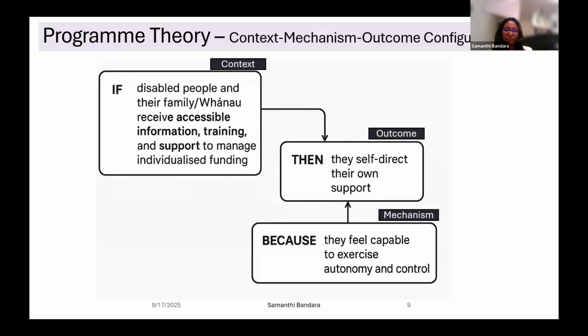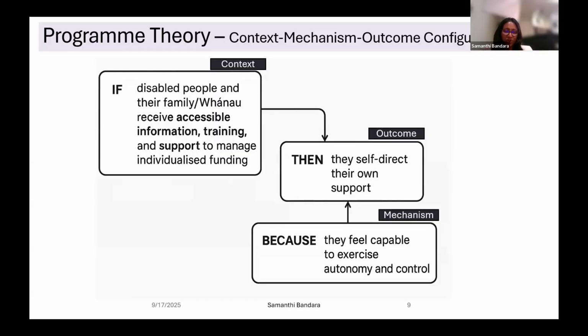A program doesn't work universally. It works because certain mechanisms are triggered in certain contexts, leading to specific outcomes. You can see that context and mechanism are interrelated, right?